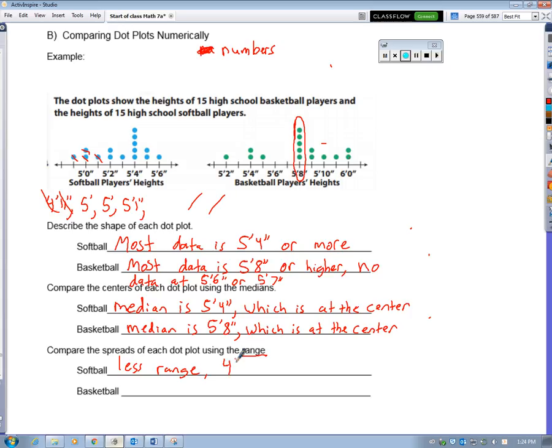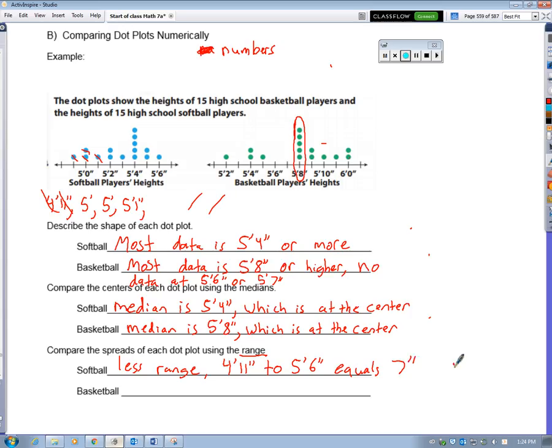Our lowest point is 4 feet 11 inches to our highest point, which is 5 foot 6 inches. If we calculate the range from that, then we get 7 inches as our range. That equals 7 inches. Okay, so that's my range for softball.